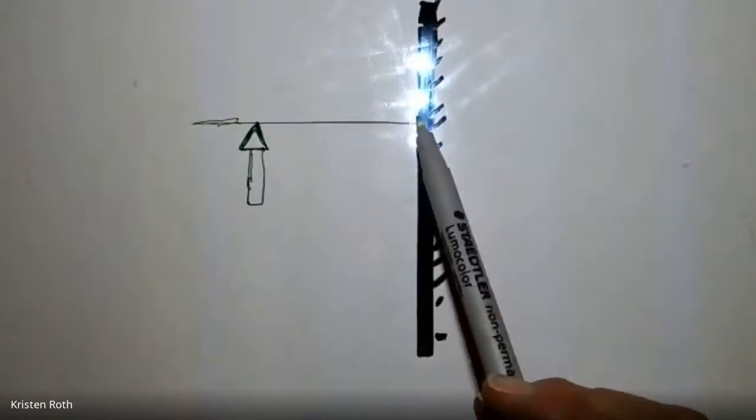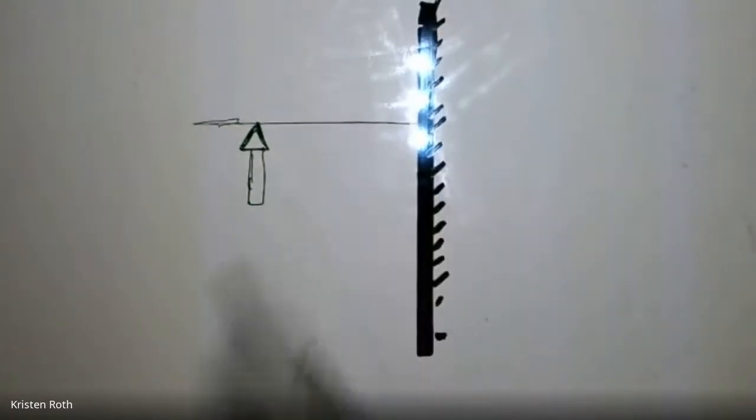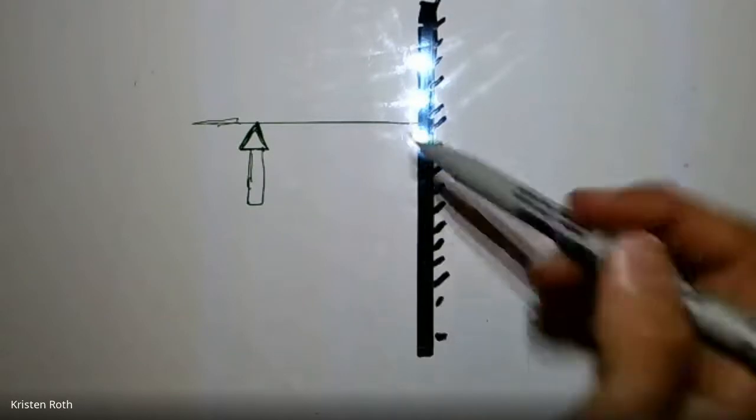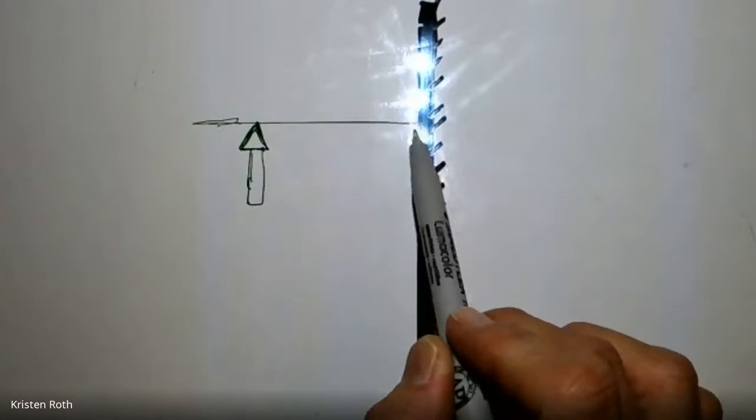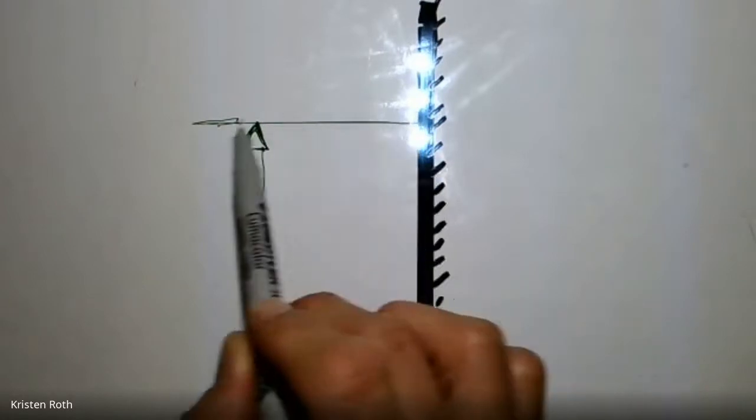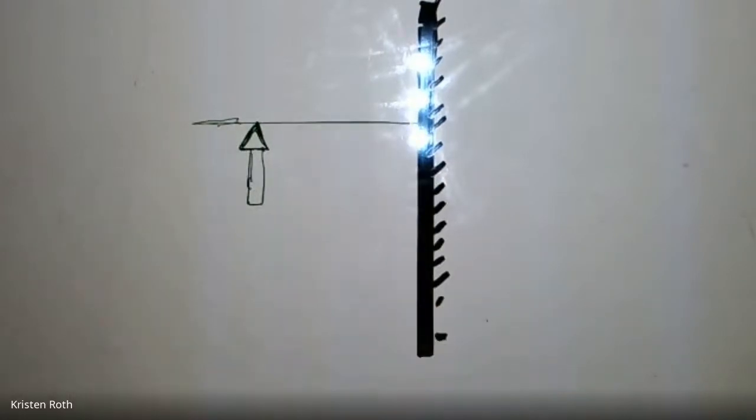We're going to extend this ray of light back into the mirror, because what we're doing, and just remember this right now, is every time we extend a ray of light, we always extend the reflected ray. Okay, we're always extending the reflected ray. So if this was an incident ray, it hit the mirror, and because it's perpendicular, it would reflect back. We're going to extend the reflected ray.